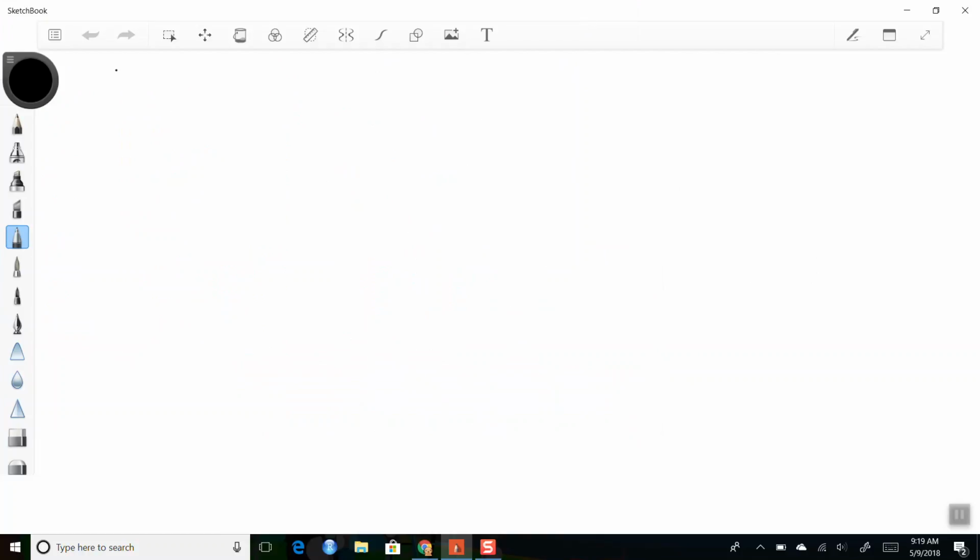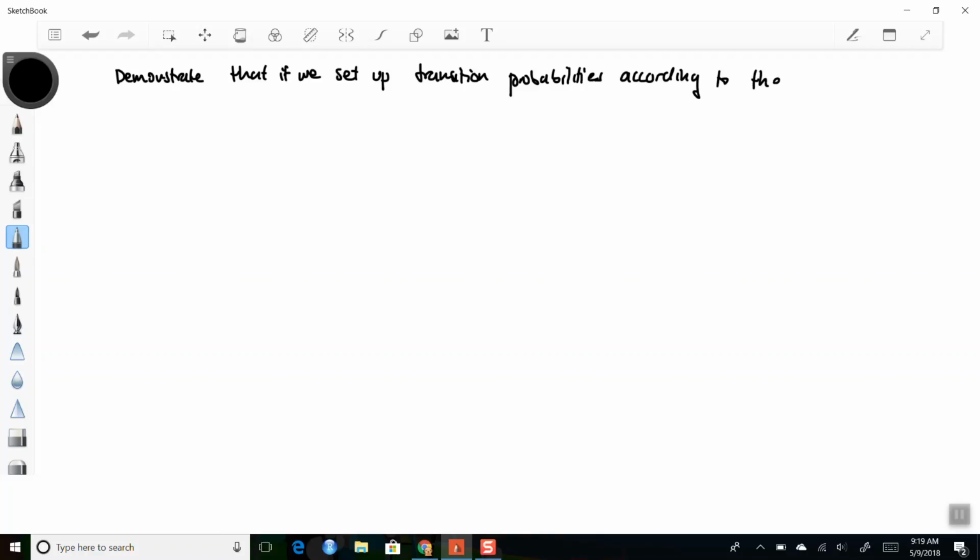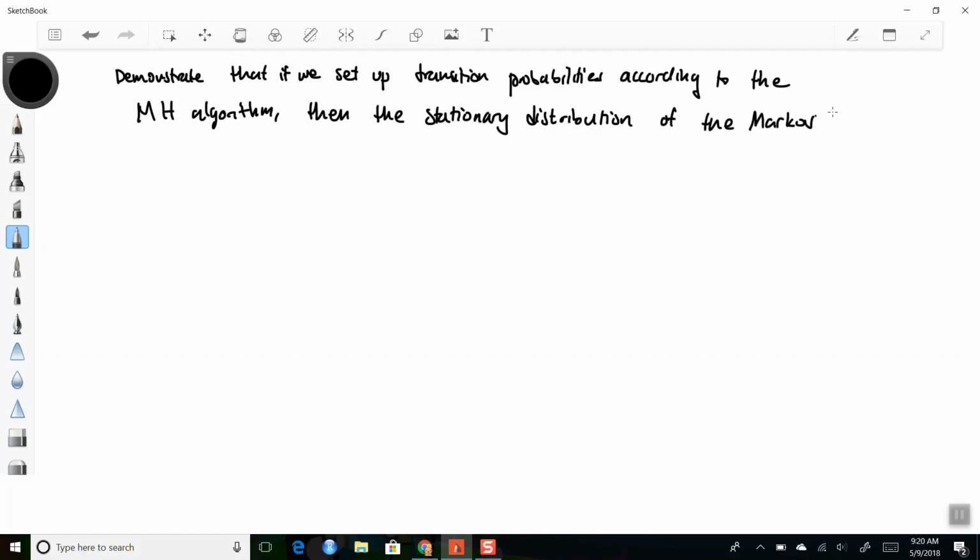So we'll try to demonstrate that if we set up transition probabilities according to the Metropolis-Hastings algorithm, then the stationary distribution of the Markov chain will equal the target distribution.